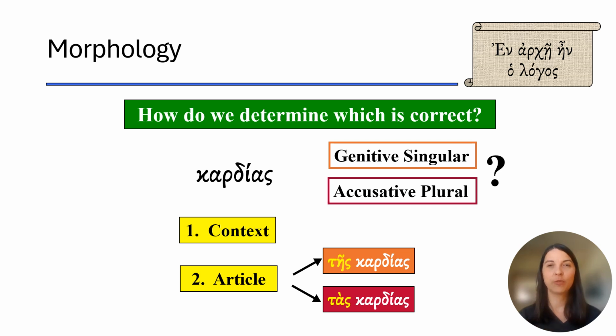A lot of times when you are reading in Greek, you will see what is necessary and you will understand how to interpret it. But the best way, I think, is the article, where sometimes there are differences in the declensions and the different ending patterns. The article doesn't change. The feminine article is always going to be tes in the genitive singular and tas in the accusative plural. So that is the best way, the most for sure way that you can determine the difference.